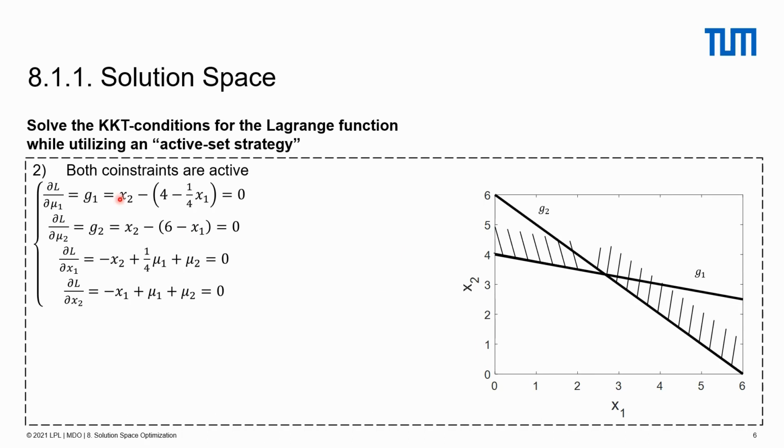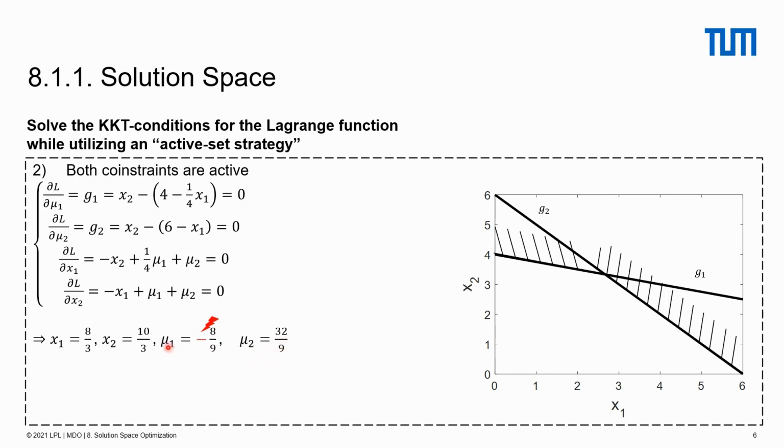Case 2, both constraints are active. That means G1 must equal 0 and G2 must also equal 0, and we have these two equations from the last slides. The solution is x1 equals 8 divided by 3, x2 equals 10 divided by 3, mu1 equals minus 8 divided by 9, and mu2 equals 32 divided by 9.